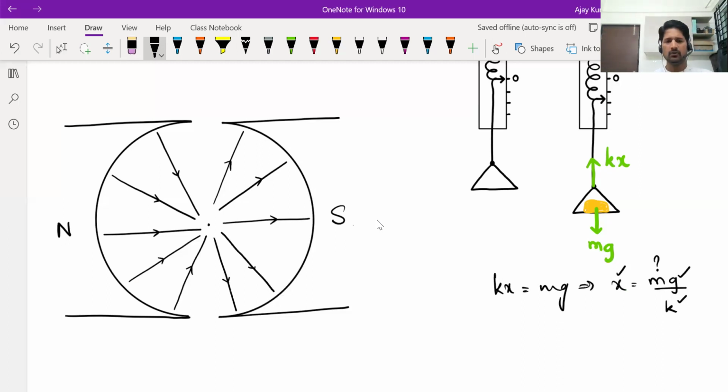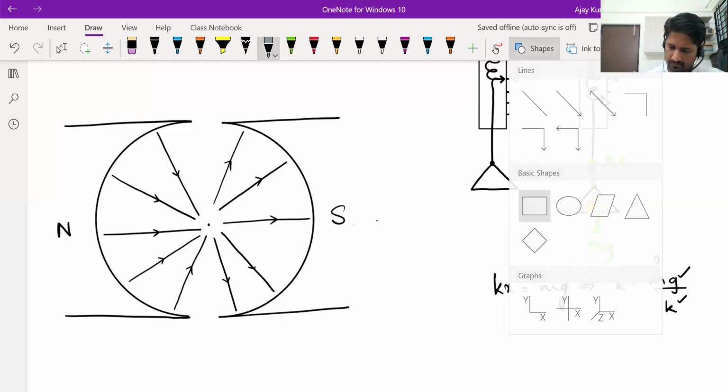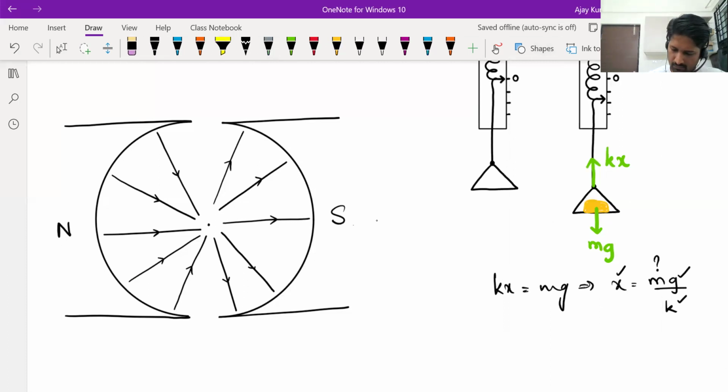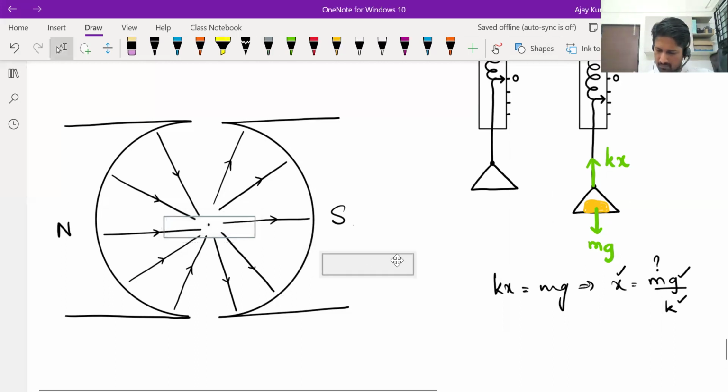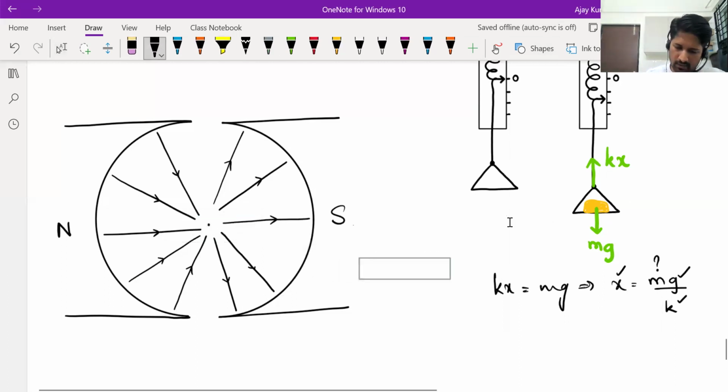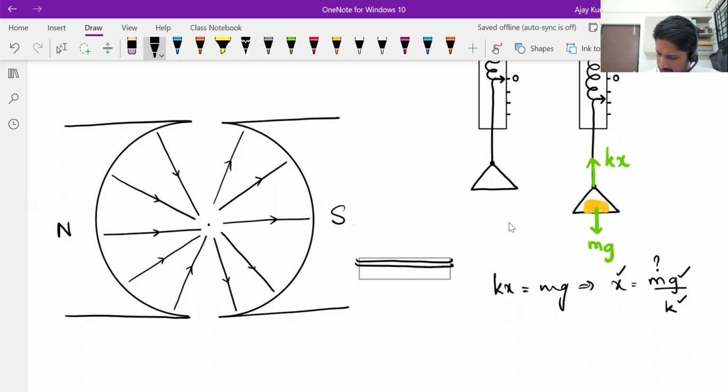Now imagine a loop inside this. Let's assume this is a loop of wire having a number of turns. This is the top view, we are seeing it from above.